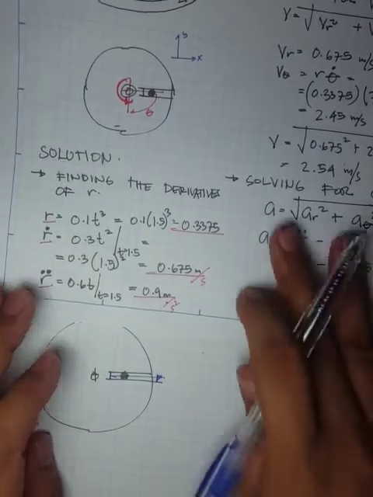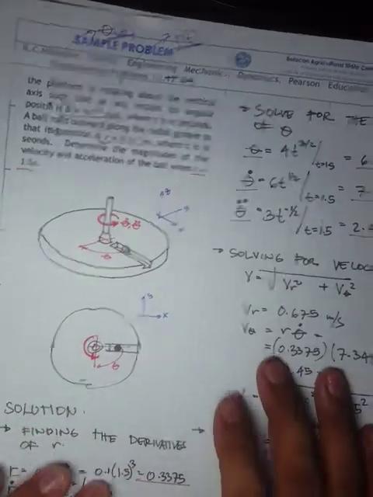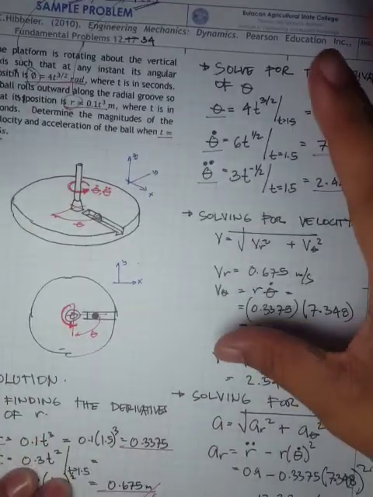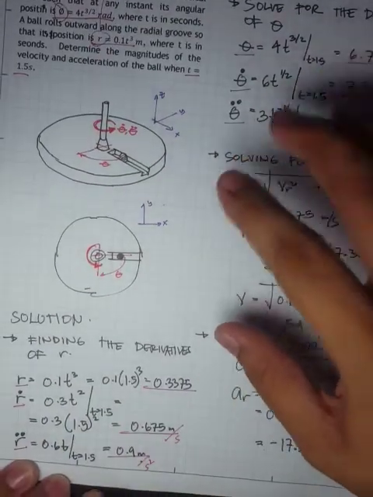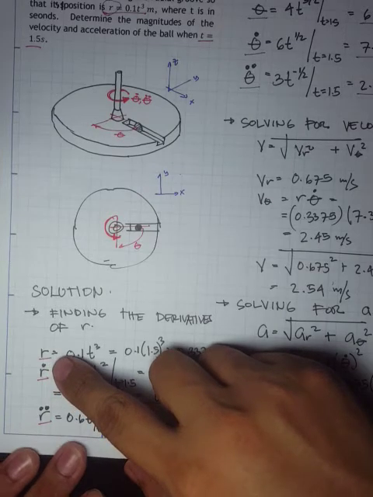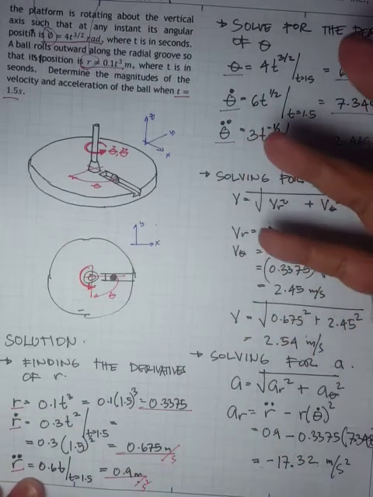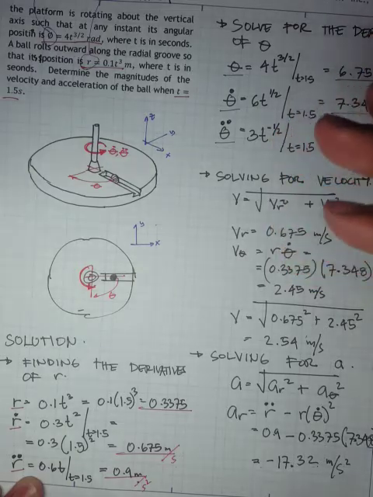Okay, so let's review our solution. This problem is a lengthy problem, except that if you notice, once we have the linear position and angular position, what we did is just find the derivatives, the first derivative and the second derivative.